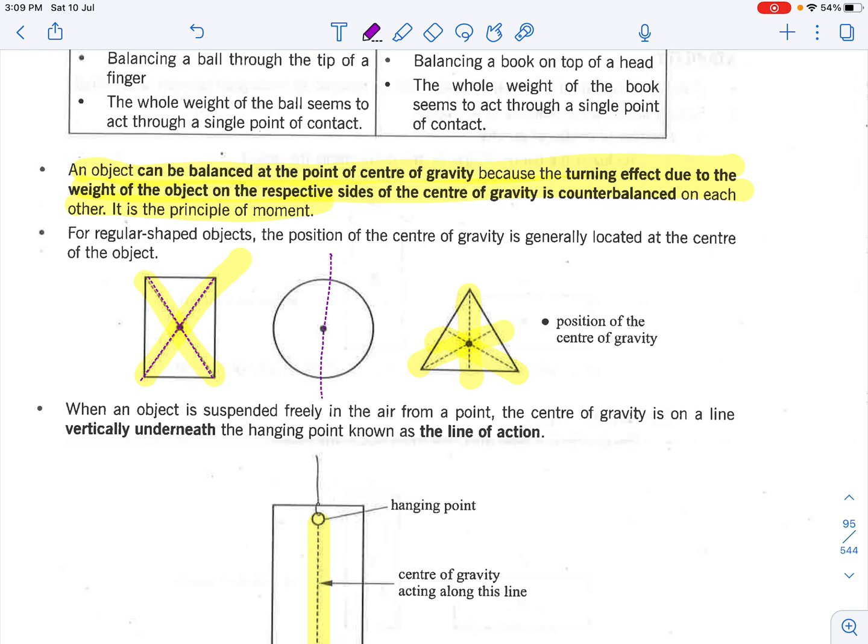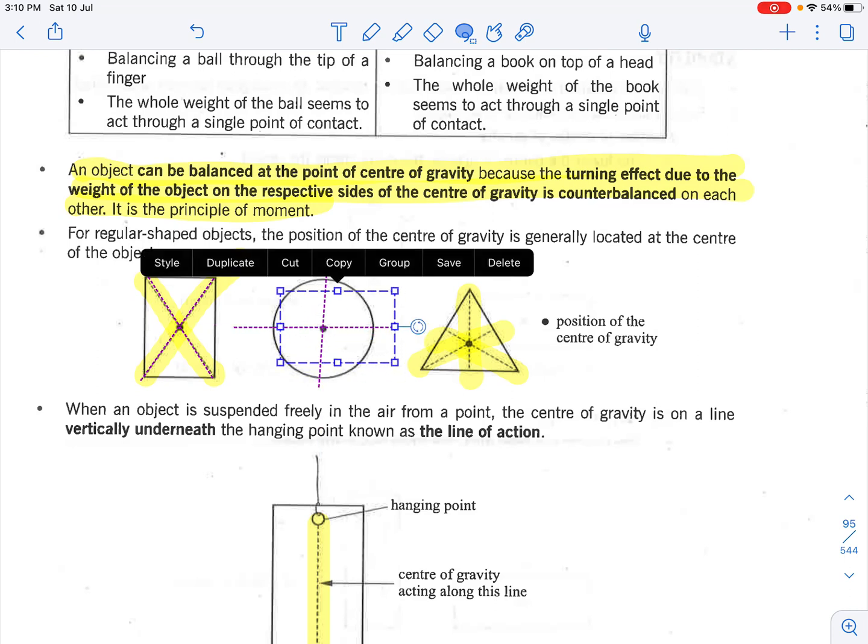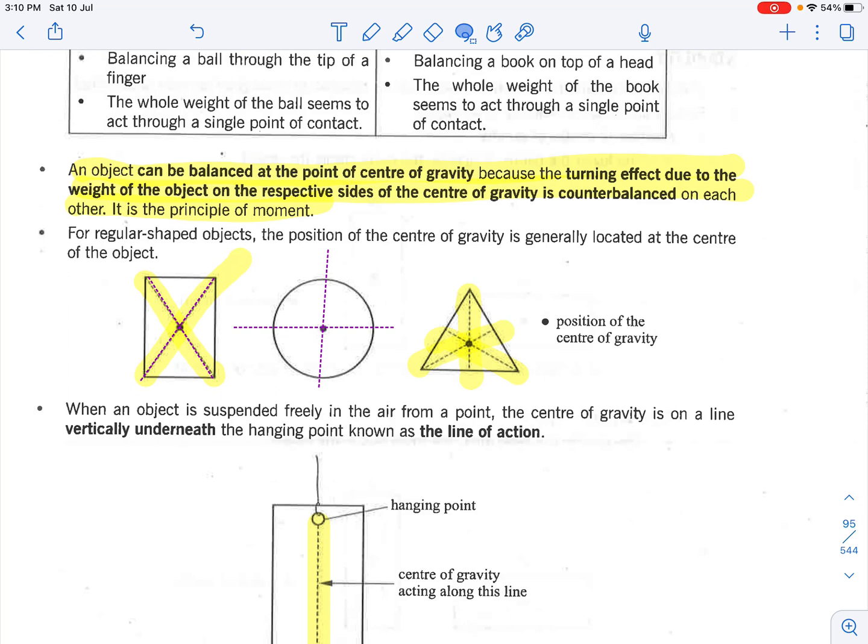For a circle, it can be in any direction because the diameter should be more or less the same for all points. Then of course you have the ruler and the triangle, which also give you the same amount of sides for each of it.